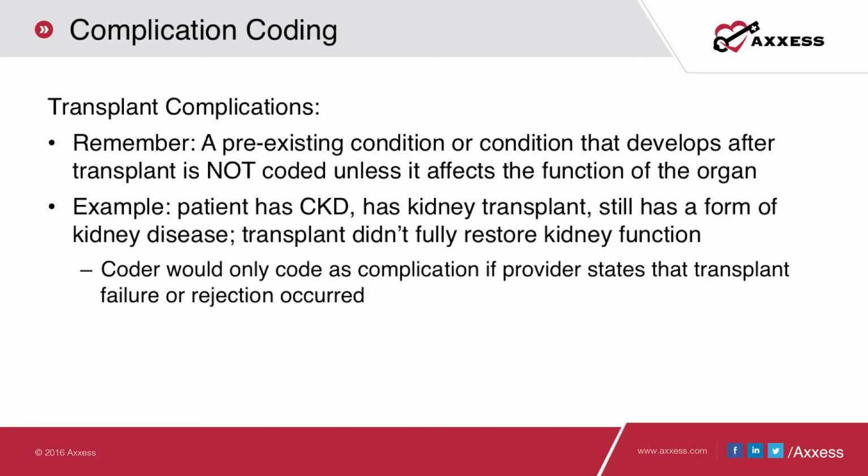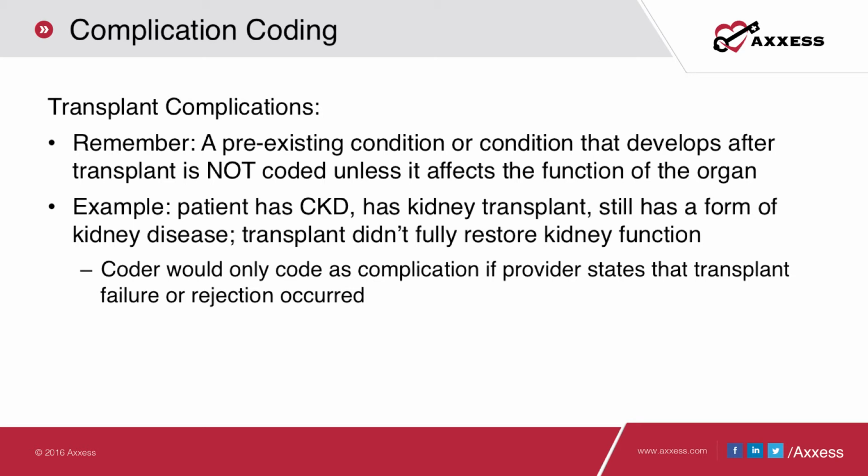Some information and guidance to remember about transplant complications is that a pre-existing condition or a condition that develops after transplant is not coded unless it affects the function of the organ. For example, if a patient has chronic kidney disease, or CKD, and they have a kidney transplant, they will still have some form of kidney disease.